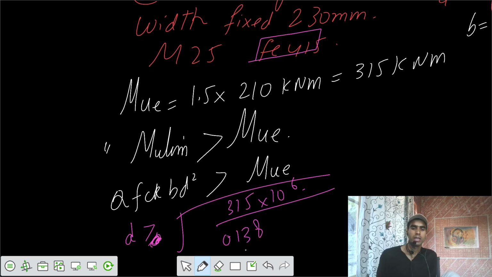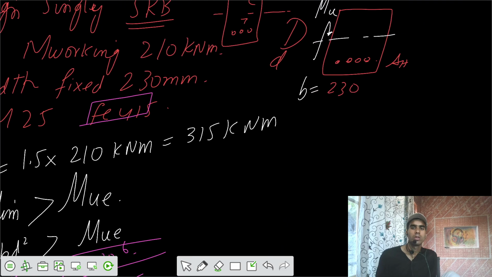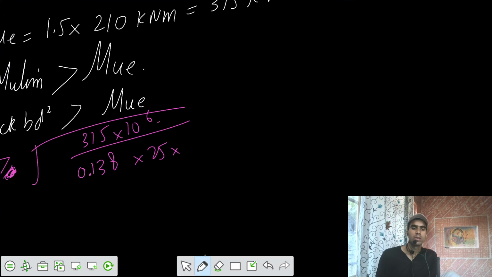Yeah, 0.138 is there. And fck we have M25, and the value of b was given to you, fixed value 230 millimeters. So you would solve that and you would get that effective depth should be greater than 630 millimeters.